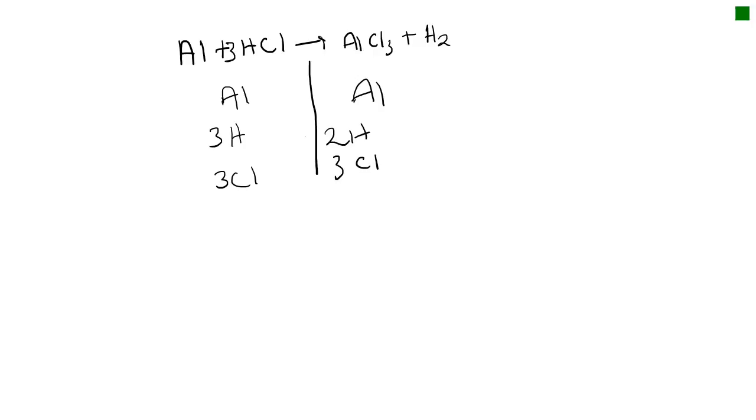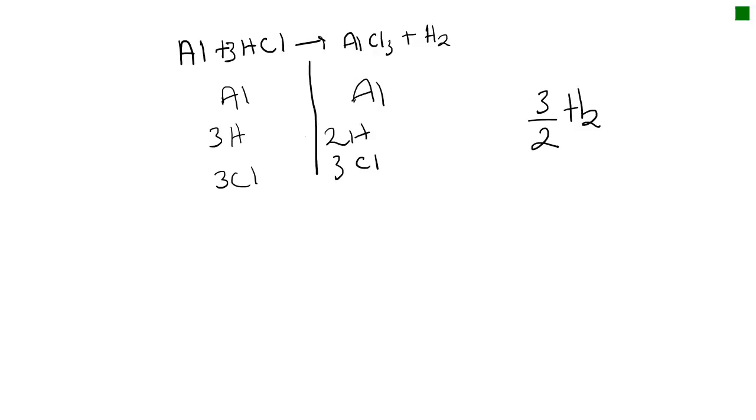Well, I'm just going to write down hydrogen here, right? And if I want to get a total of 3, then it would make sense that my coefficient would have to be 3 over 2.